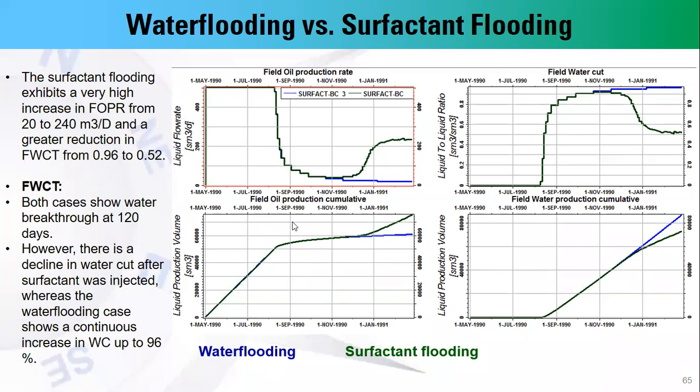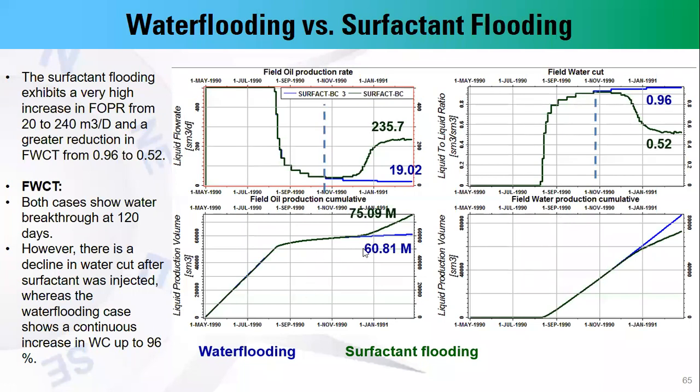For field cumulative oil production, as you can see, we have an incremental recovery due to surfactant flooding, and this is the reduction in cumulative water production for the surfactant model.